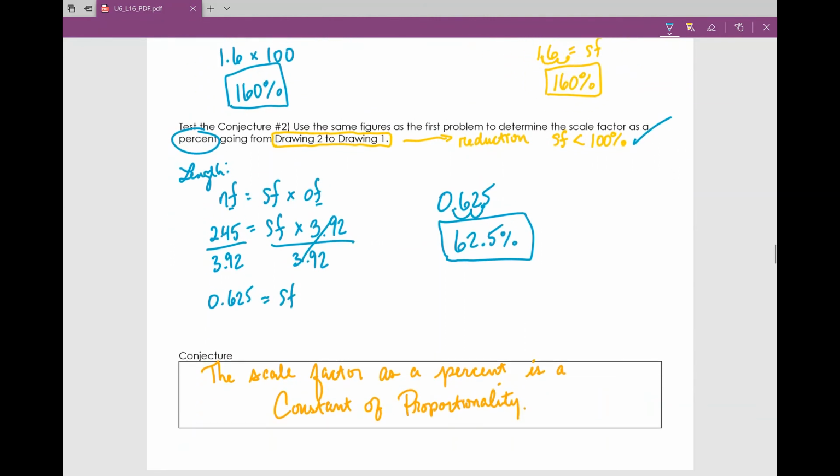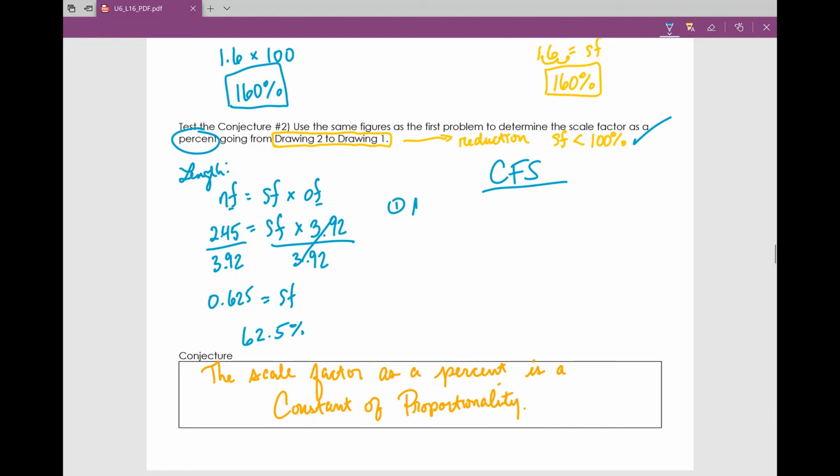But to finish this off, I am going to write down the criteria for success. Why don't I move this over right now and take this 62.5% away for a moment, so we have some space. The criteria for success. The first thing that we're going to do, like we always do, is annotate.